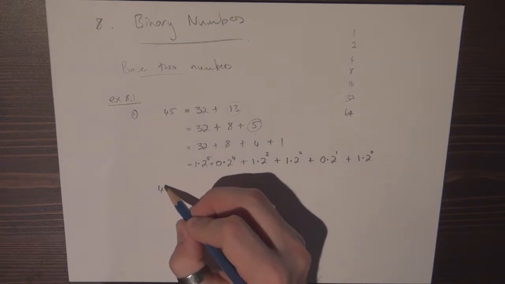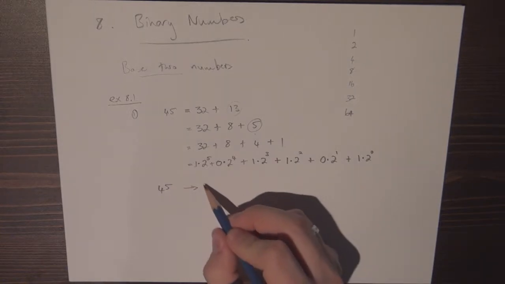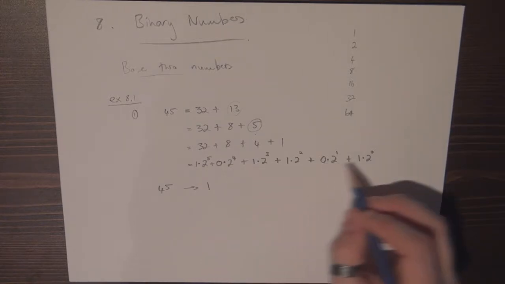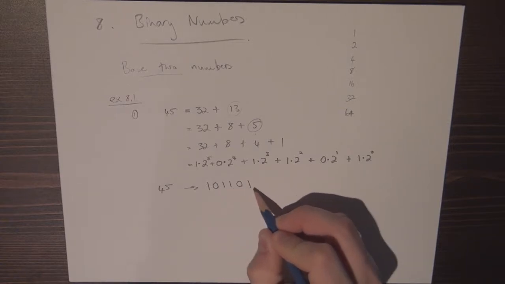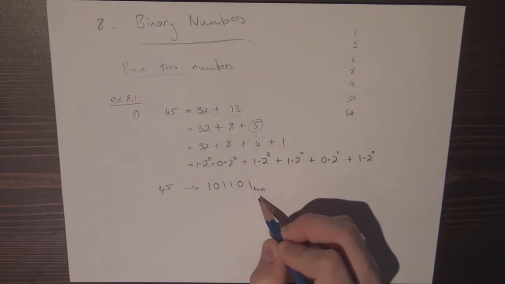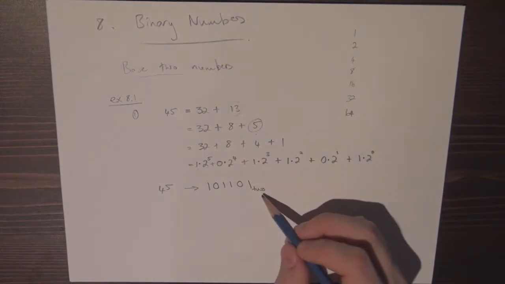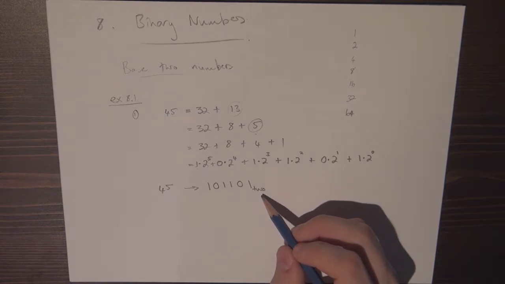So we then say 45 has a representation in binary. Same as before, these are the digits. So 1, 0, 1, 1, 0, 1. And we should write a base 2 there, but if we are working in binary numbers, and it's clear from the context, you are okay to drop that.